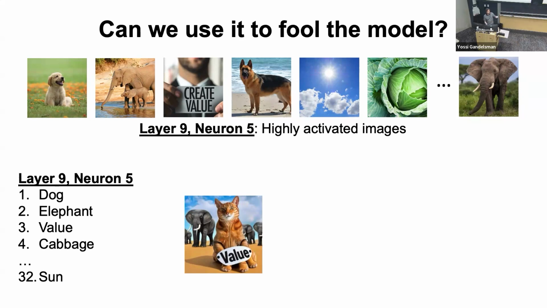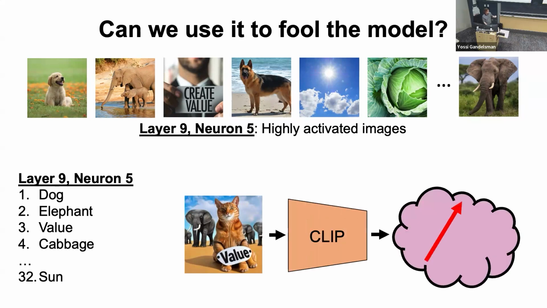But what happens when this neuron is activated in CLIP? When it's activated, it takes the representation and shifts it. It shifts it towards the word dog and the word elephant and the word value and the word cabbage and so on. But it also shifts it toward the word dog, right? Although there is no dog here.